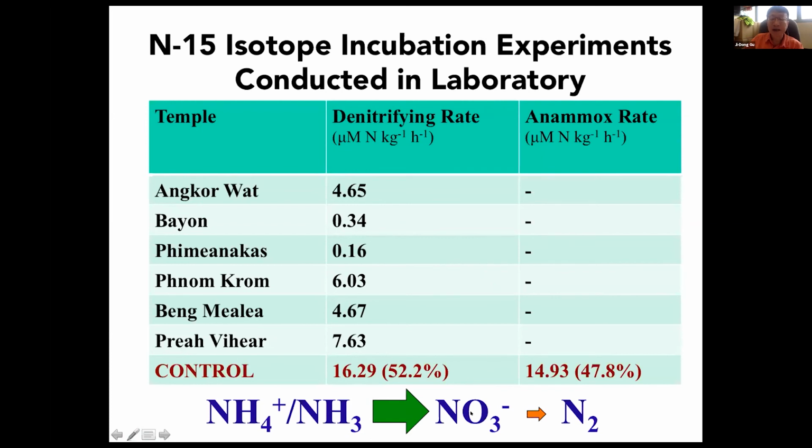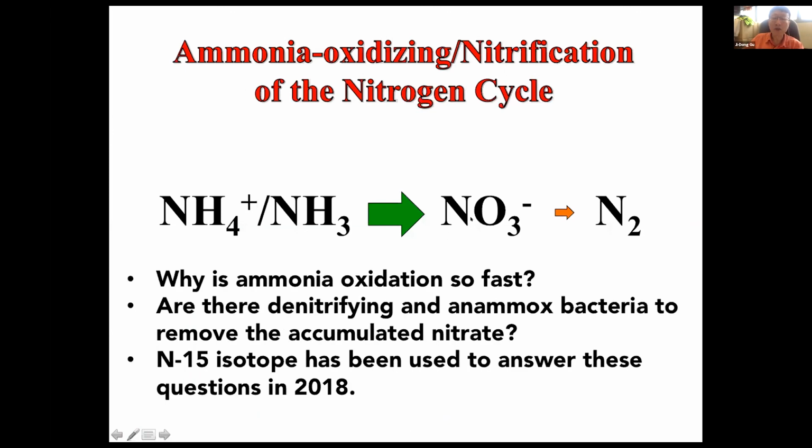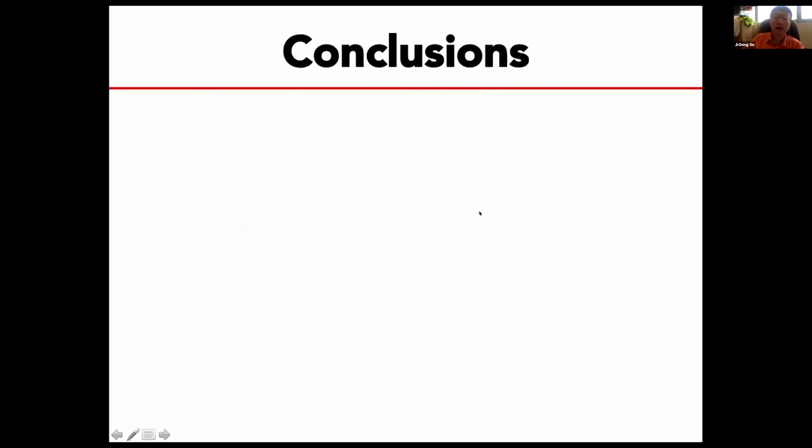And because of that, the nitrates are being accumulated because they are not being removed very quickly by the 2 processes. This is what we found at Angkor Wat, which results in accumulation of nitrate on the sandstone.